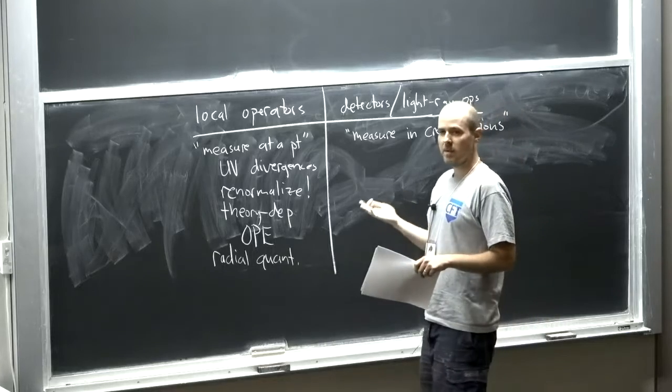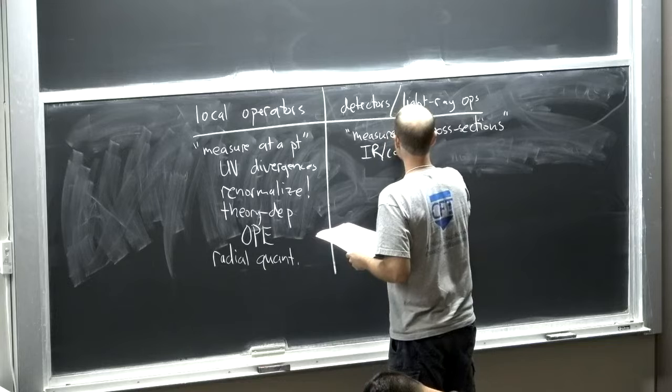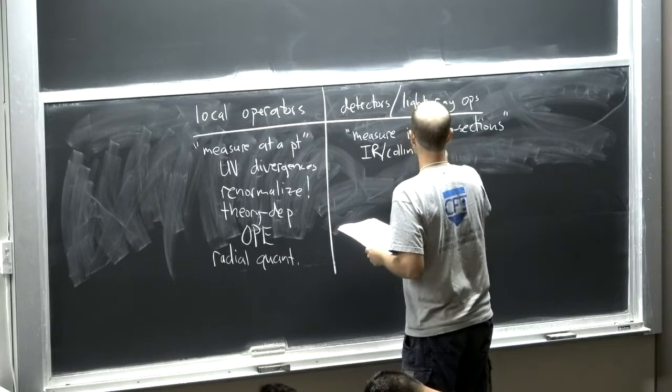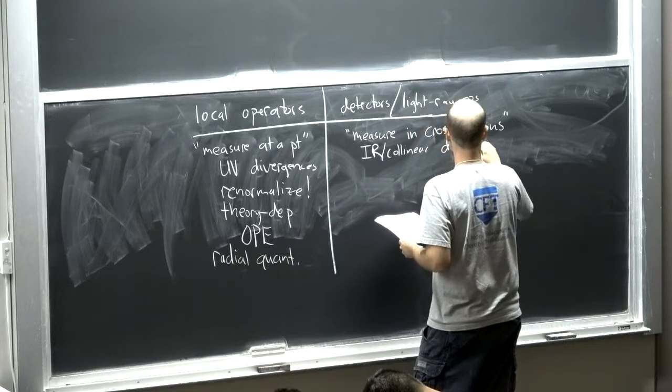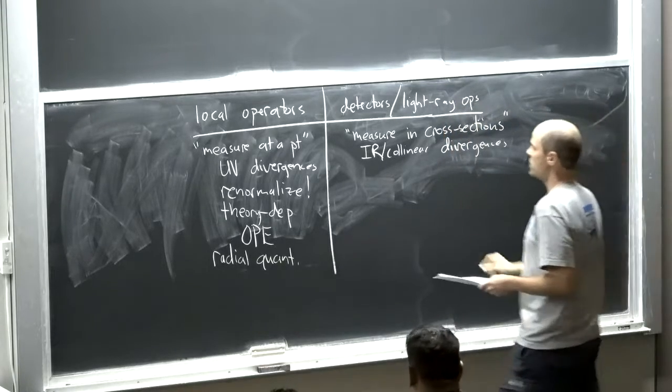When you try to measure bare observables, they in general have IR and collinear divergences. And so you need to renormalize them.